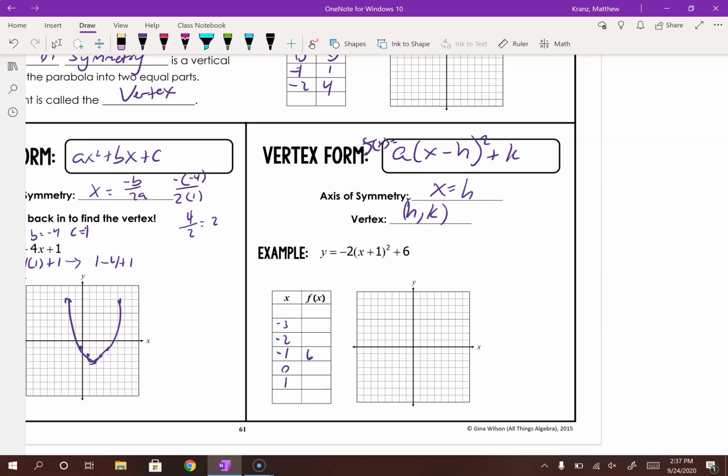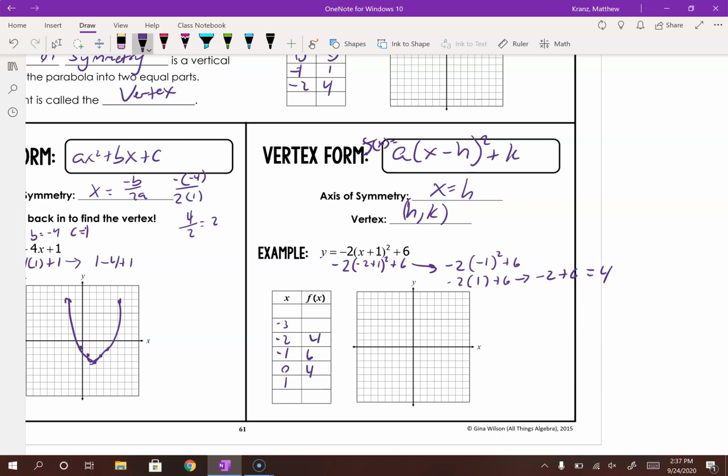Let me start that over because I'm just writing over myself. Negative 2 times negative 2 plus 1 squared plus 6. That is negative 2 times a negative 1 squared plus 6. So negative 2 times 1 plus 6 gets me negative 2 plus 6, which is 4, and that is the correct answer. So these are going to be 4.